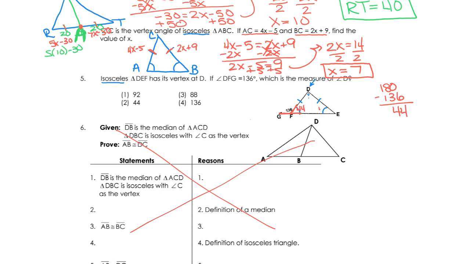However, because I was smart enough to mark my picture with the two equal base angles, I can steal and bring the 44 over there. And now I can do a triangle sum and say 180 degrees in the triangle, take away the two 44-degree angles at the bottom. I'm going to have 92 degrees left for my vertex angle at the top. And that's actually what they wanted to know. And so we're going to pick choice 1.